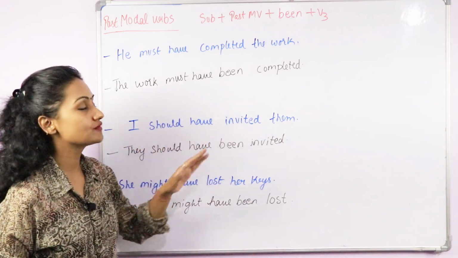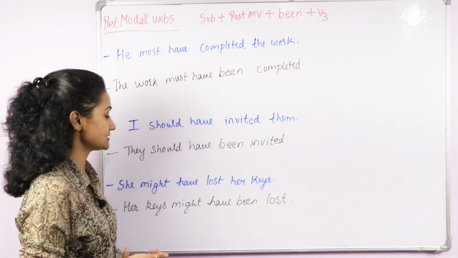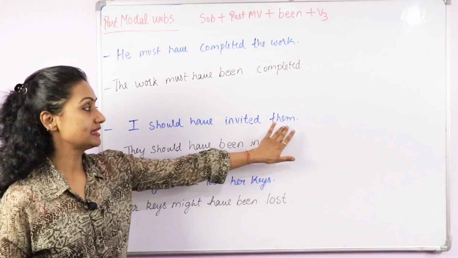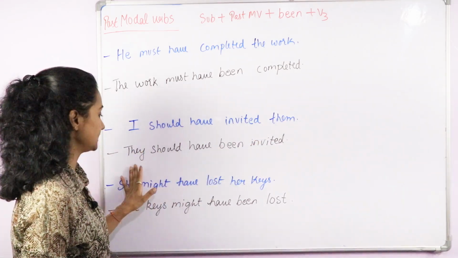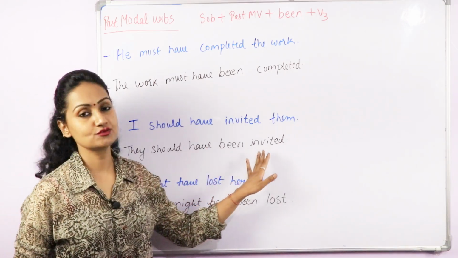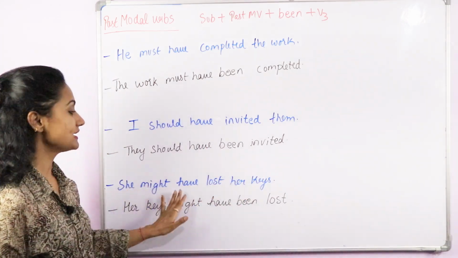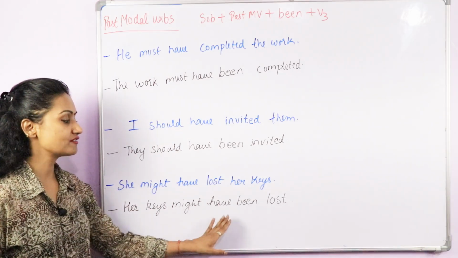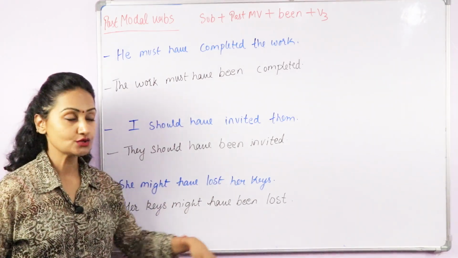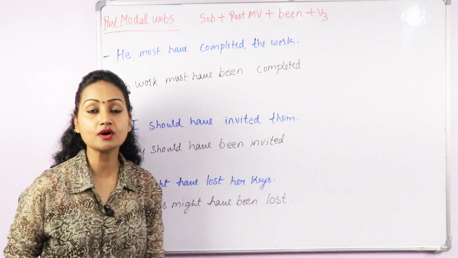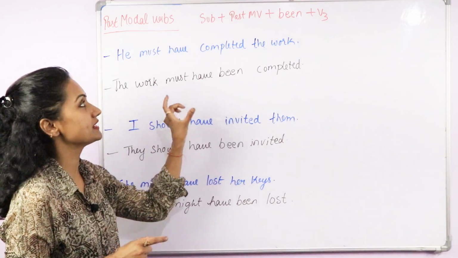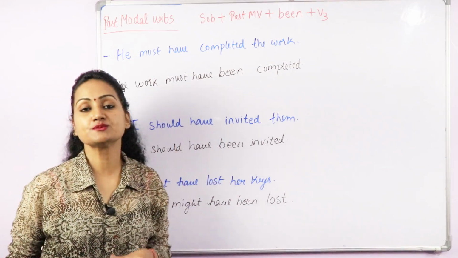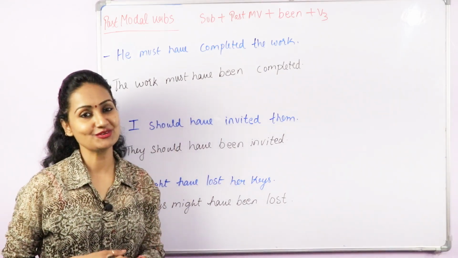I should have invited them. It's an active sentence. Them will be replaced by they. They should have been invited. She might have lost her keys. Her keys might have been lost. So when it comes to past modal verbs, the rule is subject plus past modal verb plus been plus third form of the verb.